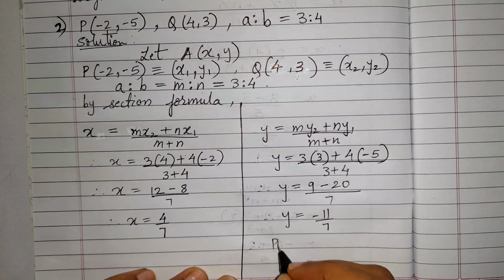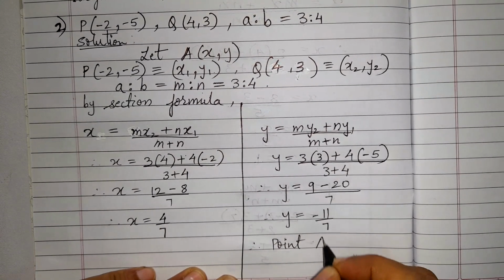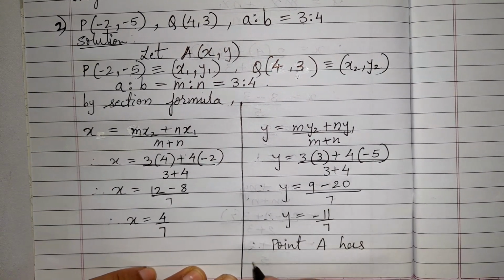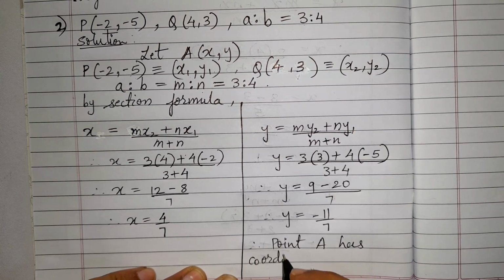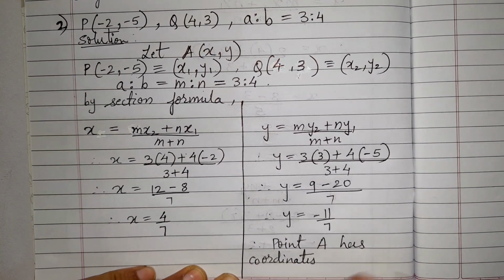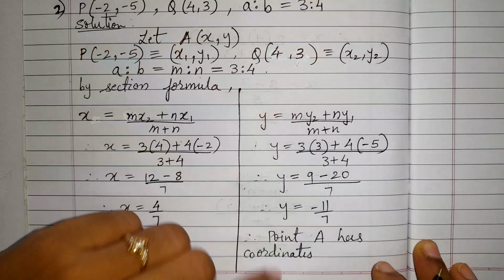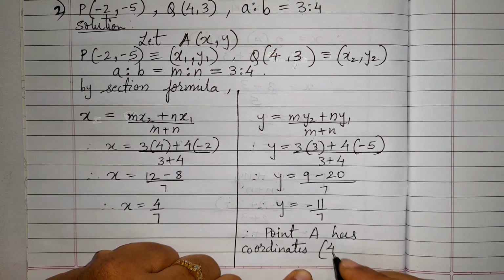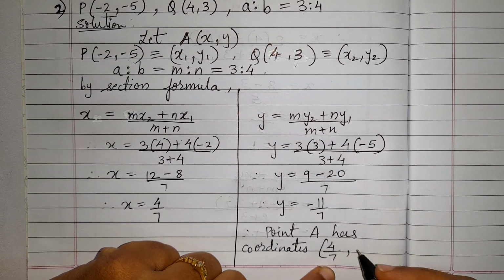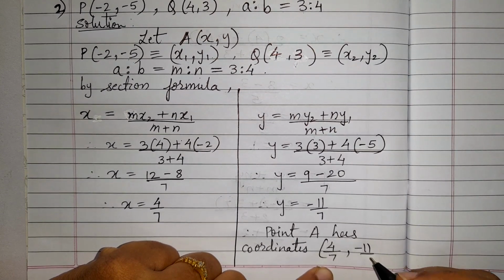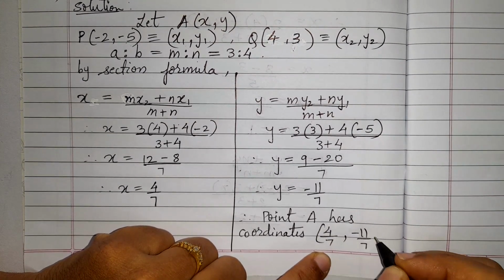Therefore, point A has coordinates (4 by 7, -11 by 7).